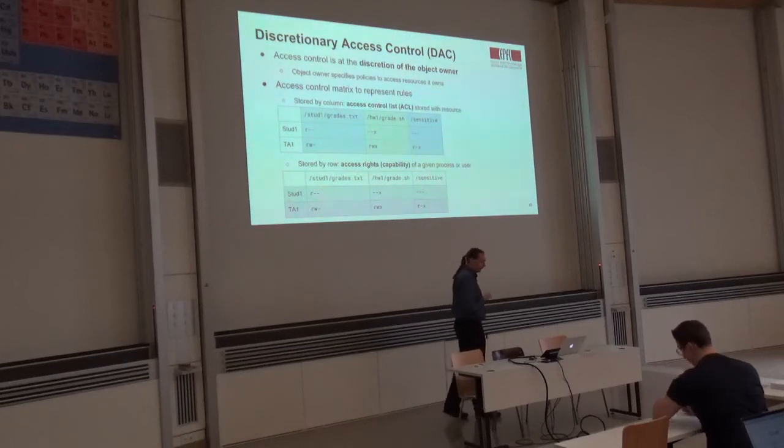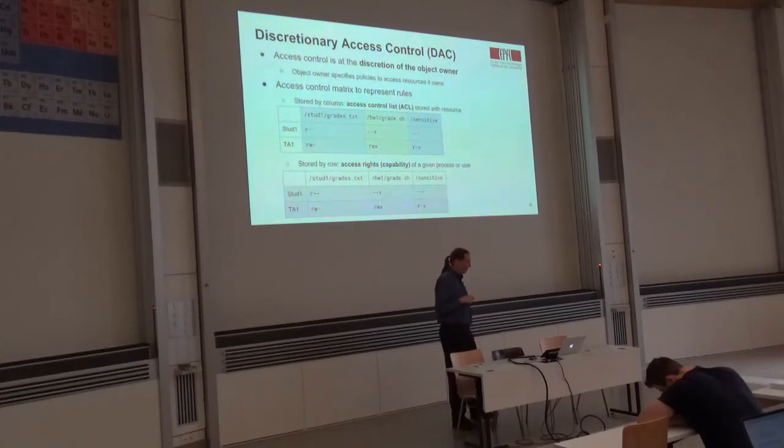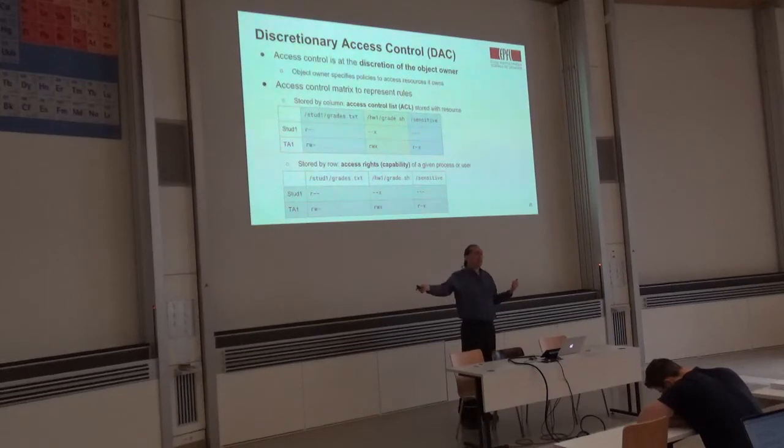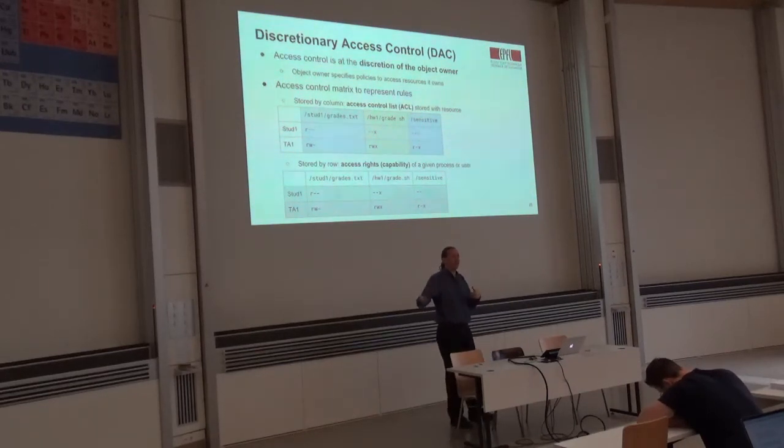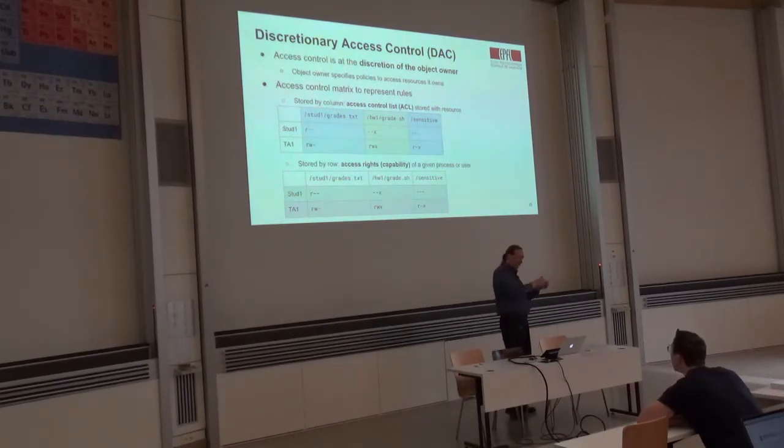The contrasting approach is row-oriented, where we focus on a user, gather up all the things the user can do, all the target objects and special rights or capabilities the user has, and associate that list with the user.